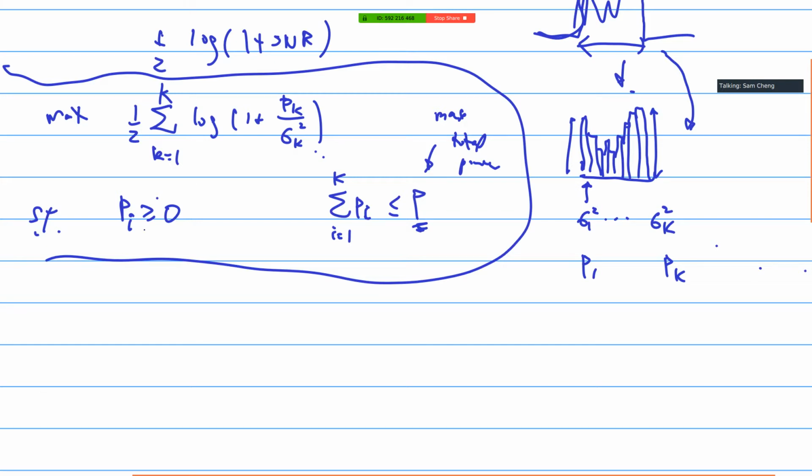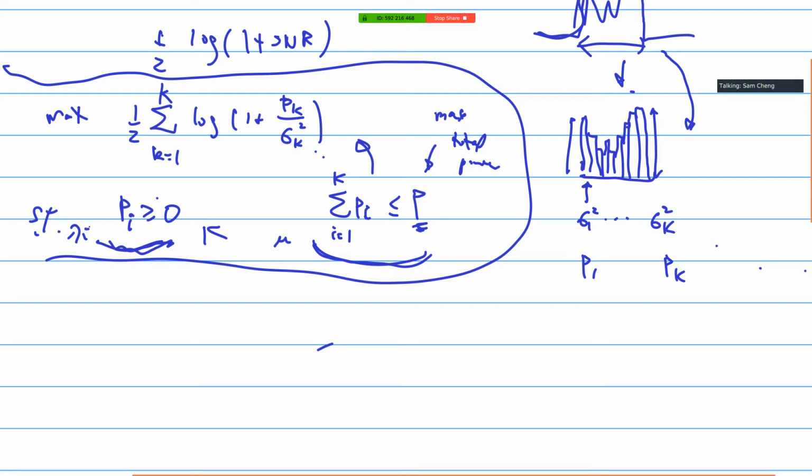First of all, we can absorb the constraints into this optimization problem, right? For this one, by the way, there's only one constraint. We can have a Lagrange multiplier mu here, let's say. And here be careful, we actually have K constraints, right? For each of these powers bigger than or equal to 0. Let's use lambda i as the Lagrange multipliers.